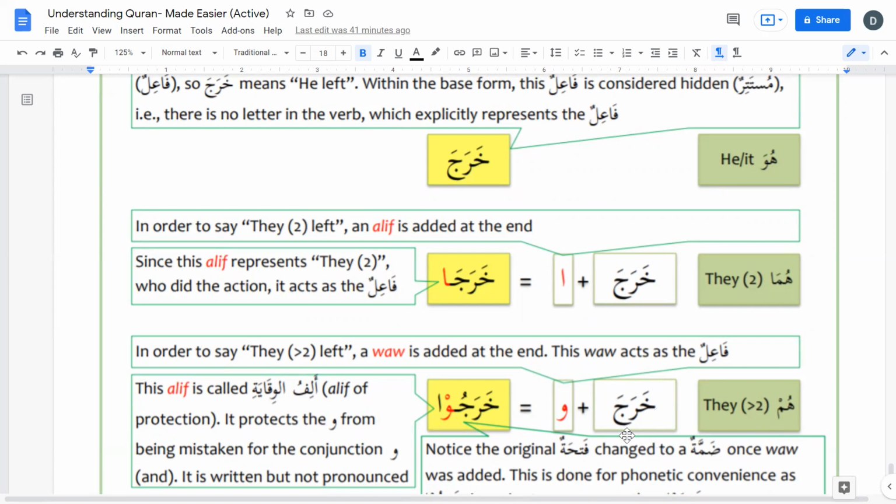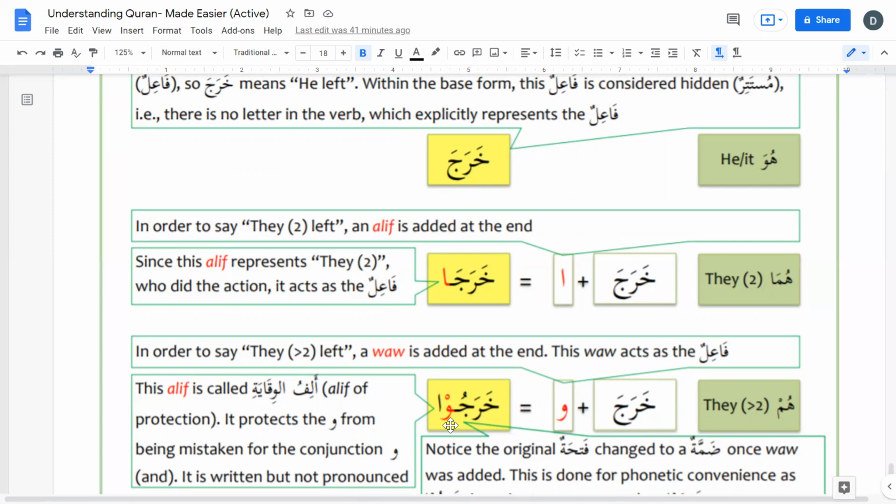So if we want to say they left, then again we take the huwa version plus this waw. We add waw in fi'l madi huwa version, and we get kharaju. Kharaju means they left. So this waw is the doer.